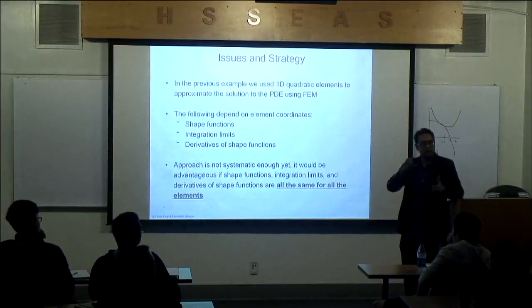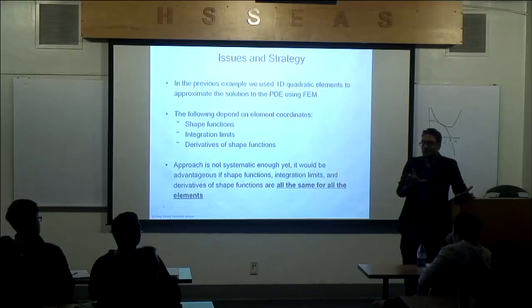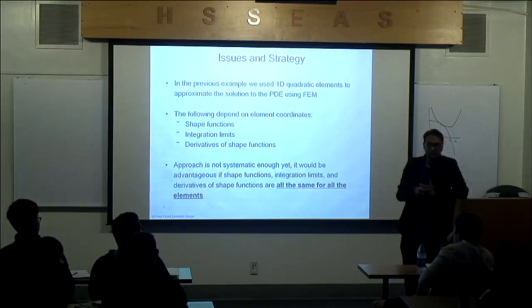Although we came up with something that's close to finite elements, and it is finite elements, it's not systematic enough. It's removed from the final goal. The final goal is for you to relax. Okay, that's not what we've accomplished yet. And so, well, you will never relax in this course, but you know what I mean. The idea is to make it a little bit easier for the code.